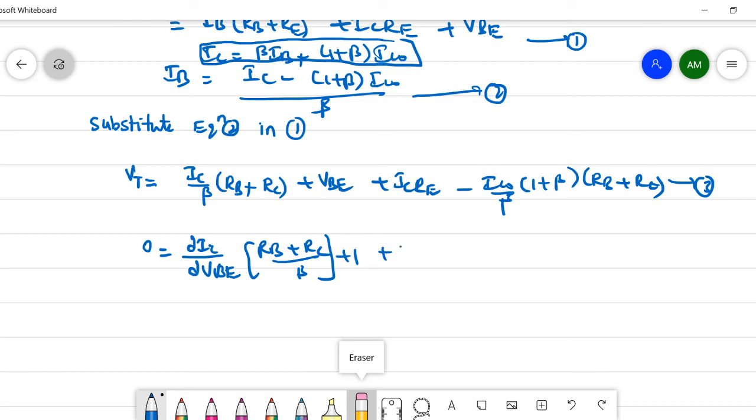Next, plus RE, differentiation of IC with respect to VBE. The remaining terms are all constant, so they are 0. So finally, minus 1, this plus 1 shifts to the left side, with dou IC common here.